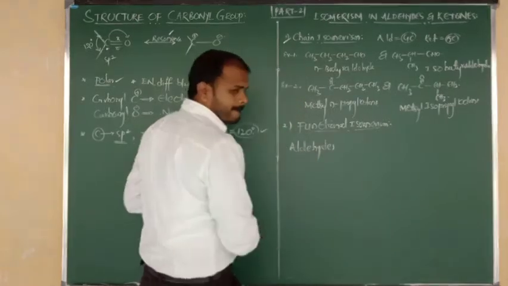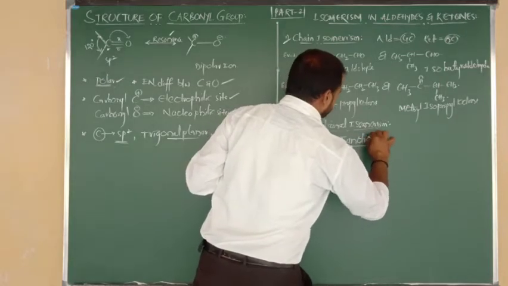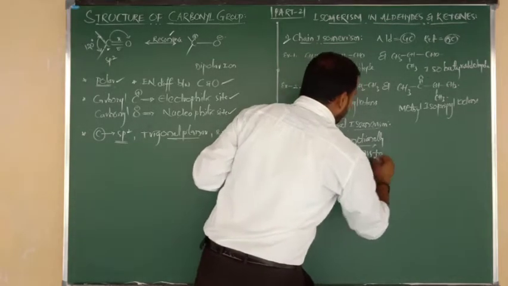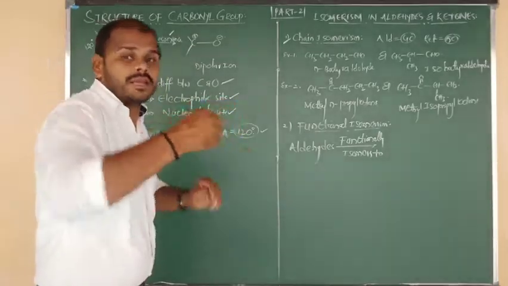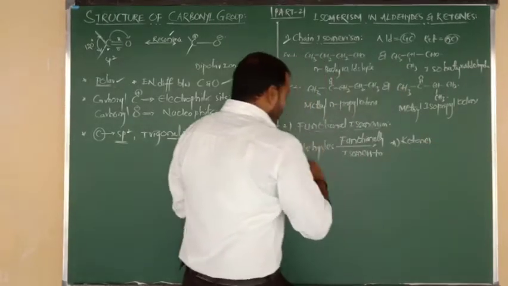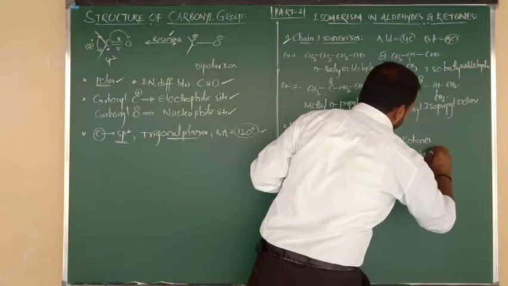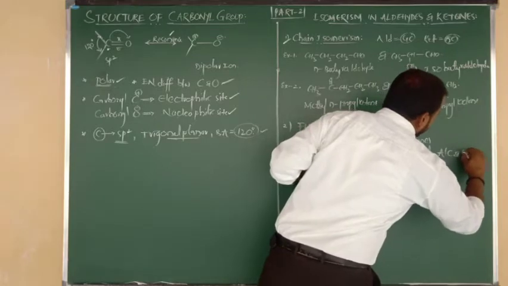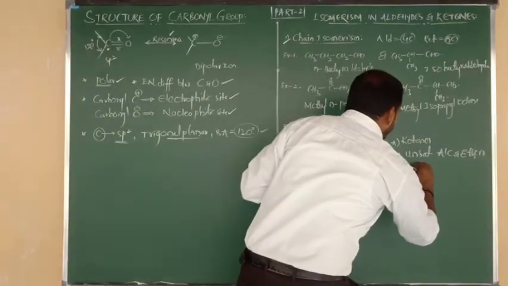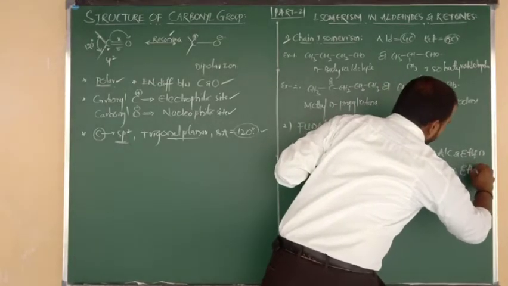Aldehydes are functional isomers to ketones, and also to unsaturated alcohols and ethers, and also to cyclic alcohols and ethers.